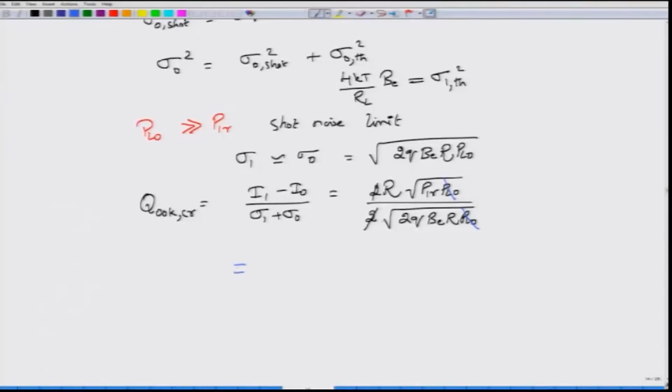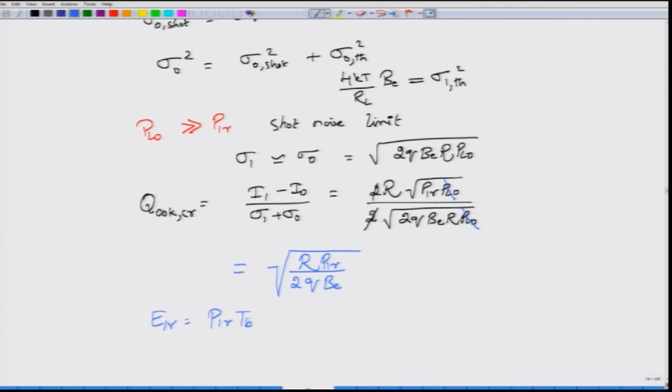Okay. Further simplification of these equations can be made, and you can show that because there is a square root of R here, there will be a square root of R in the numerator, there is a P1R here, and you can show that this is going to be R P1R divided by 2q BE. Now the energy P1R can be rewritten as the power P1R times TB.